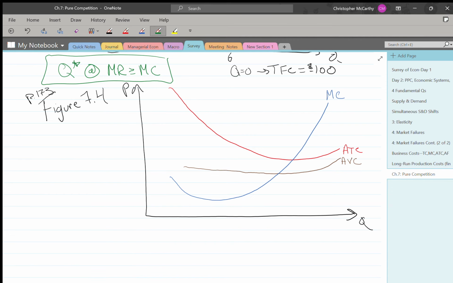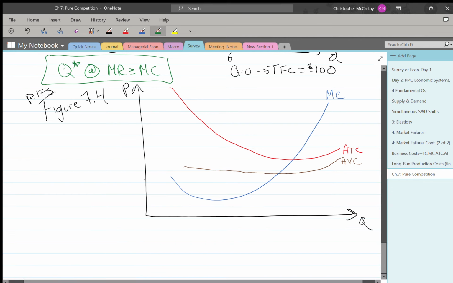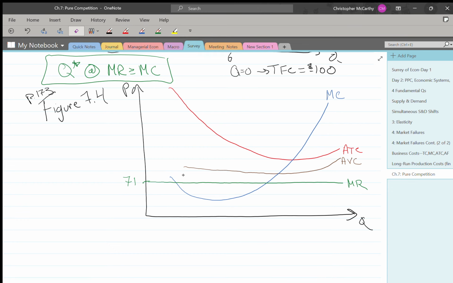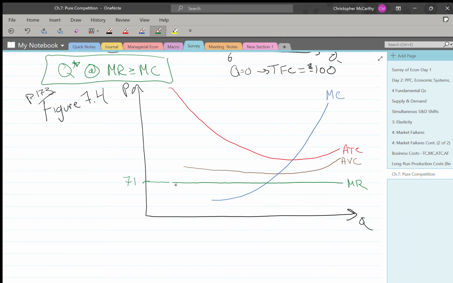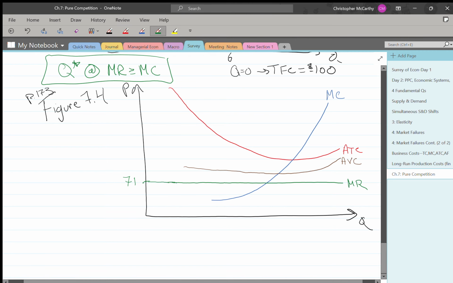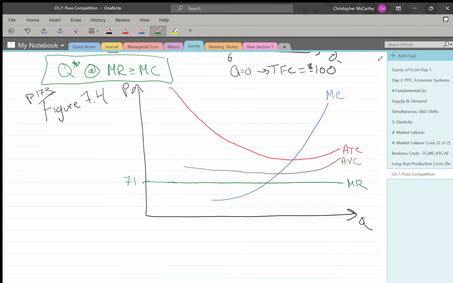So now if our price falls down to $71, here's an annoying thing. We kind of ignore this part of the marginal cost curve. So in a way, you can just think of it starting down here. Because you would be tempted to say, oh, there are two profit optimizing points. There are not. So just ignore that first part of the Nike swoosh.